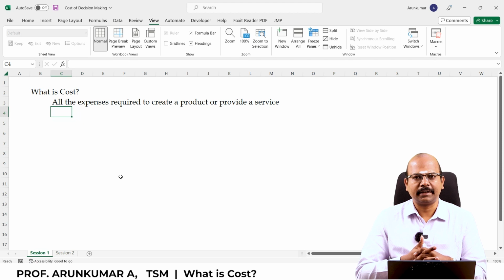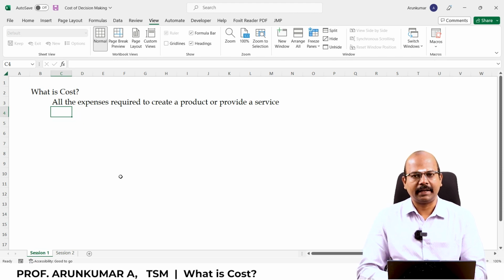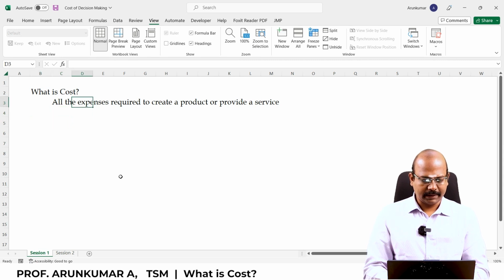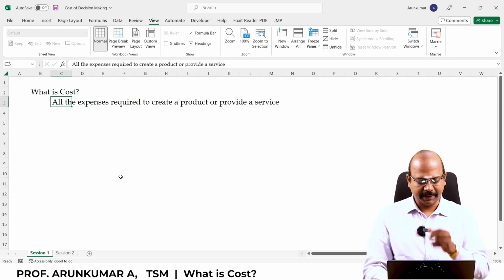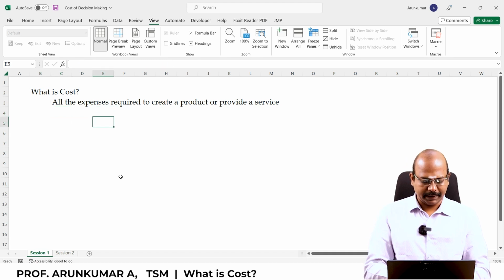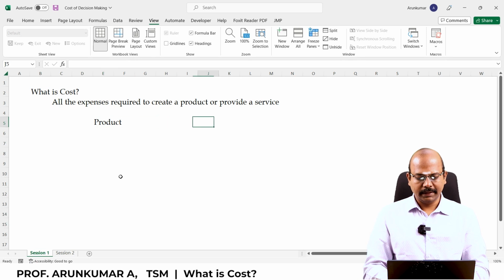If pricing is not correctly understood, automatically we may not be able to get the target profit. For that purpose, clear understanding of cost is required. So cost is all the expenses required to create a product or provide a service. So with respect to product, what are the costs? And with respect to service, what are the costs? We will understand it first.